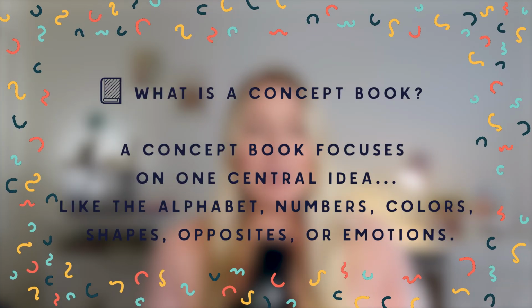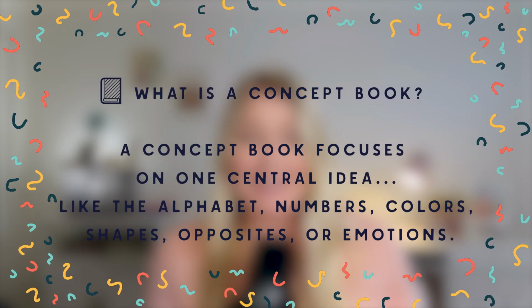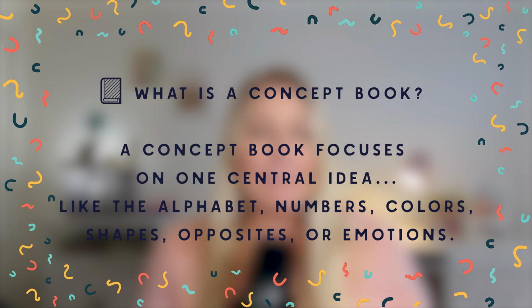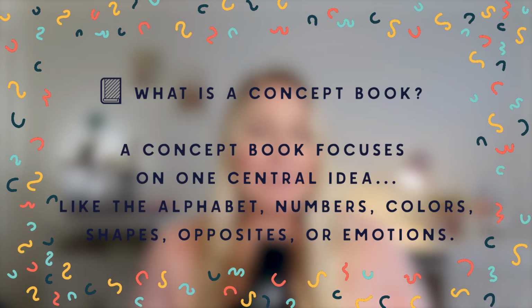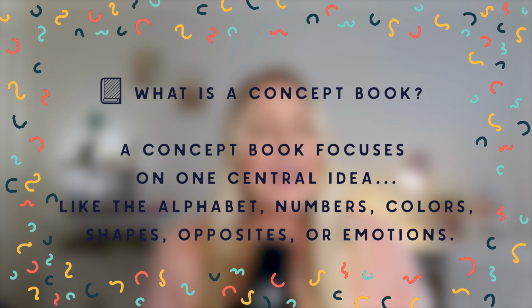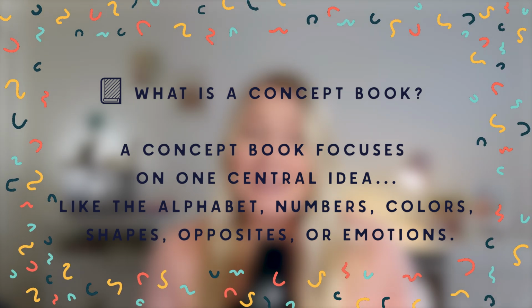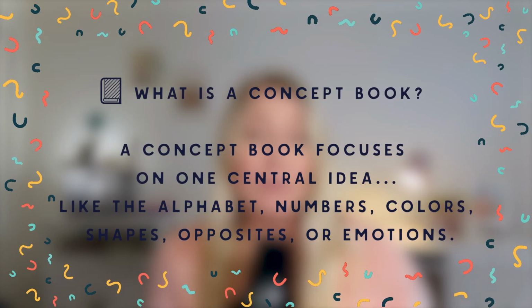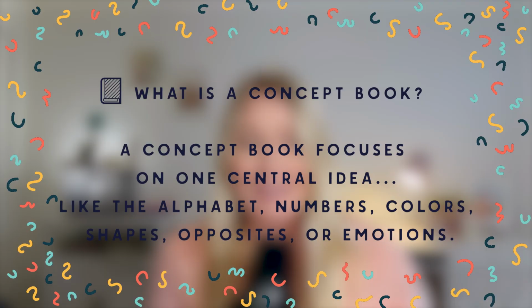A concept book focuses on one central idea, like the alphabet, numbers, colors, shapes, opposites, or emotions, rather than telling a full-blown story with characters and a plot. Concept books are usually aimed at toddlers or preschoolers, ages 2 to 5, and are designed to teach or reinforce early learning concepts in a fun and visual way.